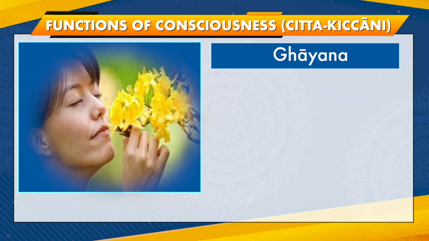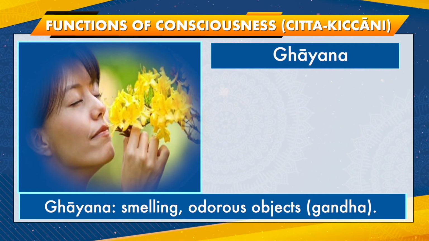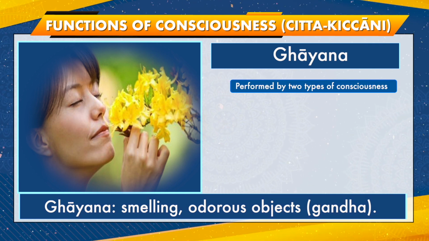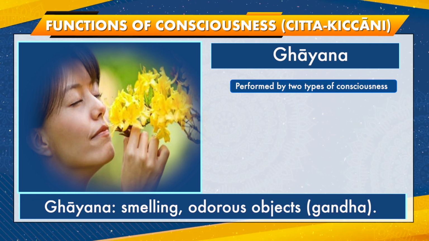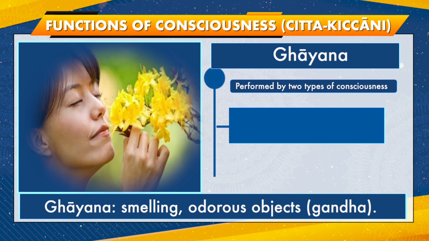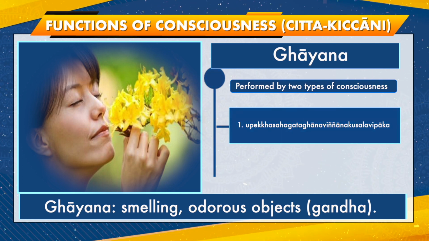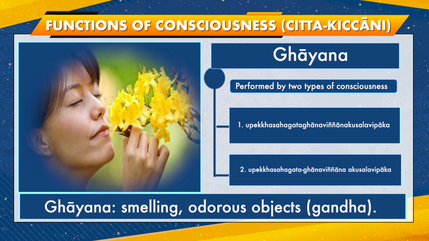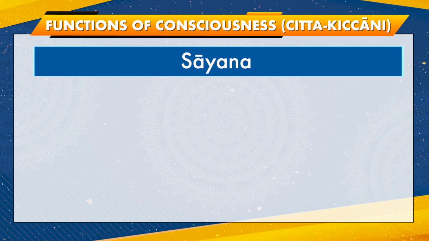Next is Ghayana. It means smelling odorous objects, Gandha, and it is performed by two types of consciousness, namely Upekha Sahagata Ghana Viyana, Kusal Vipak and Upekha Sahagata Ghana Viyana, Akusal Vipak. Next is Sayana.